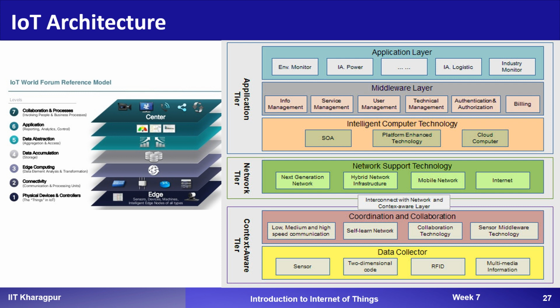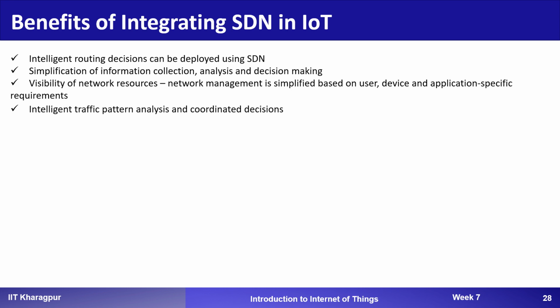Okay, so we need to integrate your IoT with SDN. The benefits of integrating SDN in IoT is that intelligent routing decisions can be deployed using SDN.